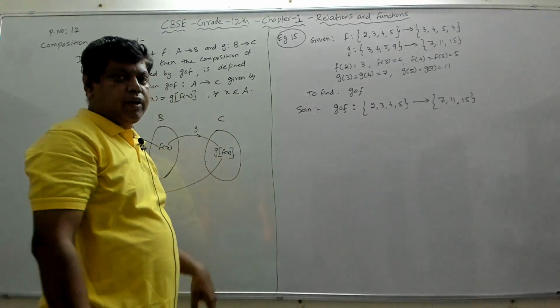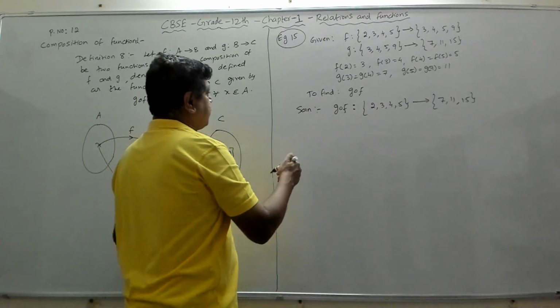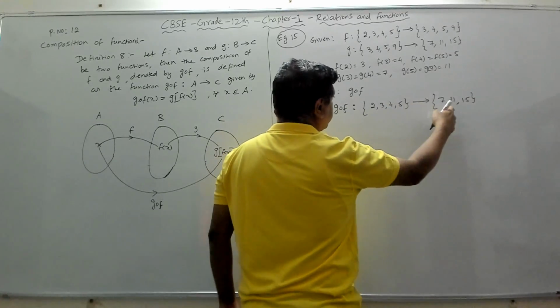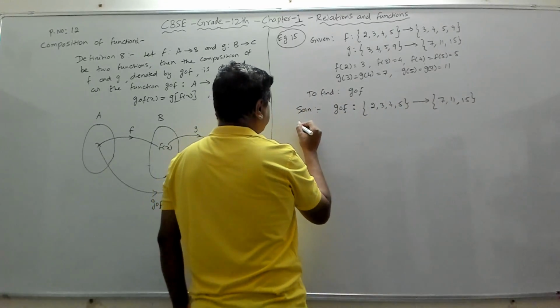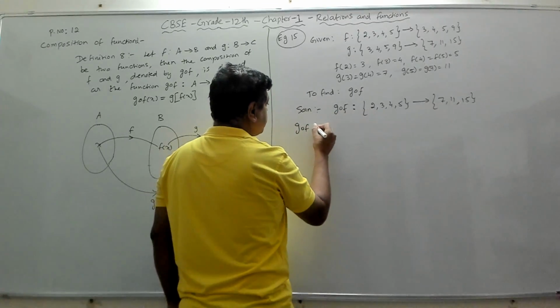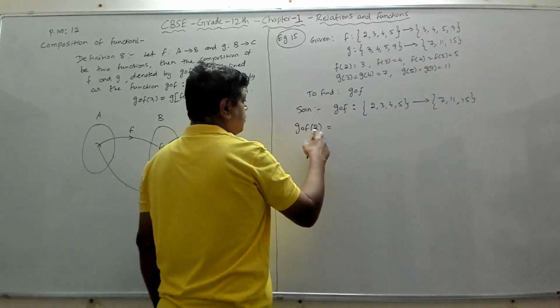The second part is to define the function g of f. Which means we should know where 2 is getting mapped, where 3 is getting mapped to. So we will find it for each element. We take the first element, which is 2. And g of f of 2 is what?